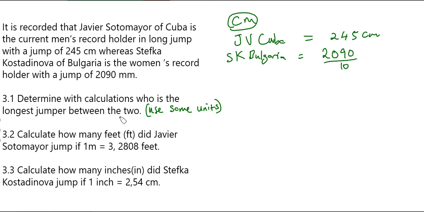Why are we saying that? Because we know that 1 centimeter is equal to 10 millimeters. So we're going to get 209 centimeters. So the longest jumper here should be Javier from Cuba. You must state there that Javier from Cuba is the longest jumper.